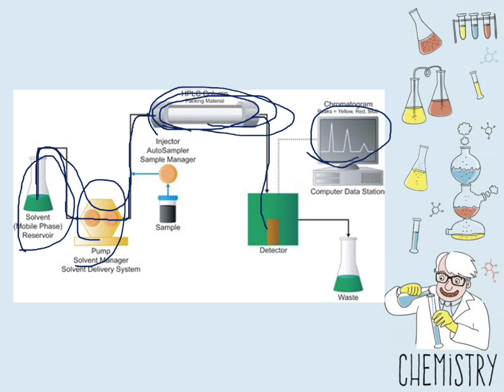So there will be some samples remaining here that will be used for further studies. And these samples here are the ones that were not removed from the HPLC column.